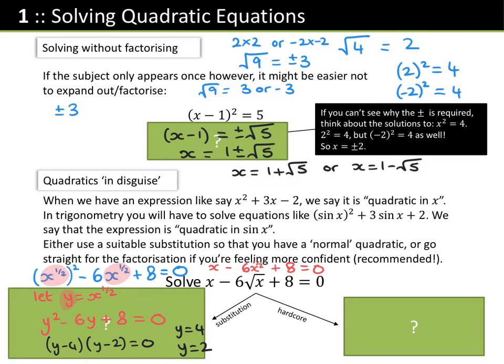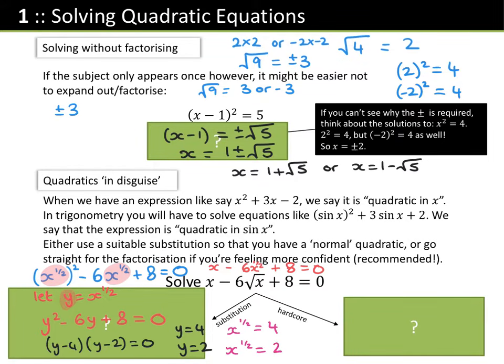But we haven't finished yet. Because we used substitution, we have to go back. We said that y equals x to the half. So this is saying x to the power of a half equals 4, or x to the power of a half equals 2.